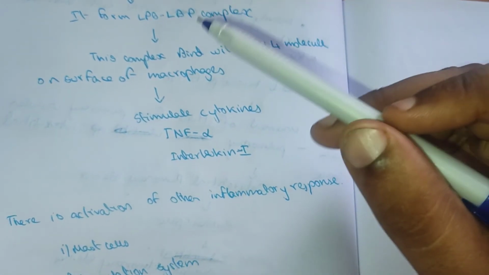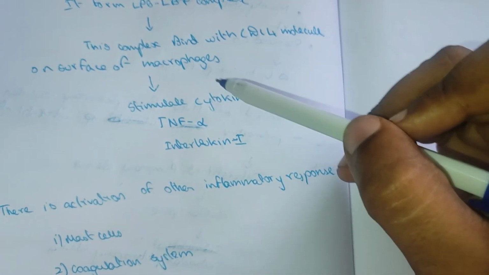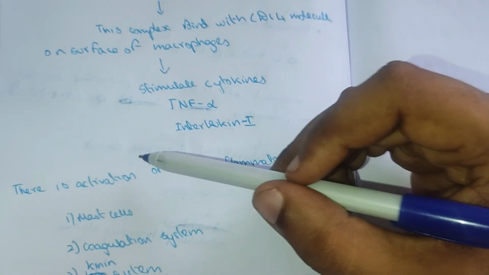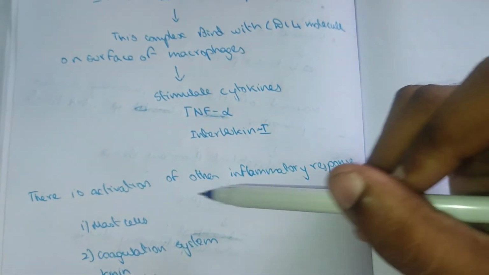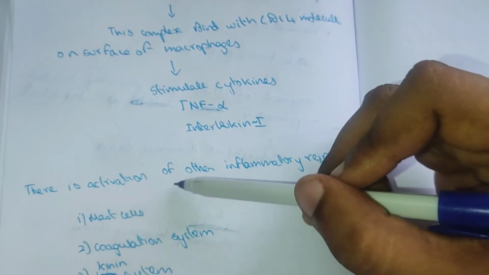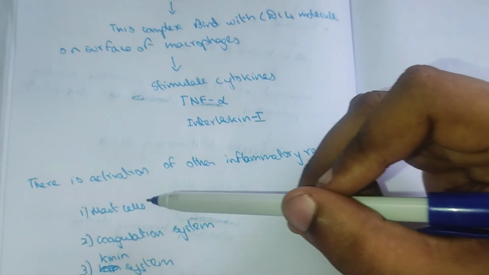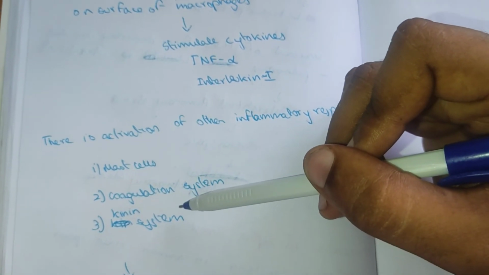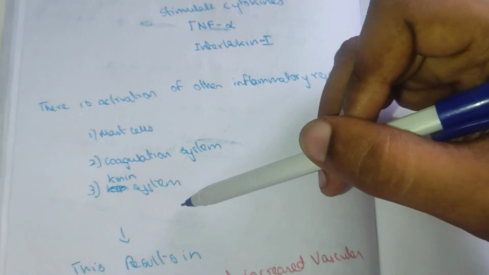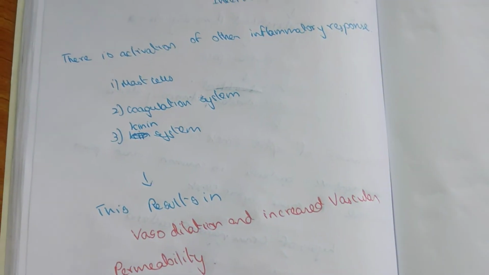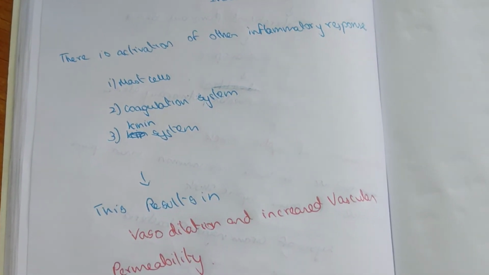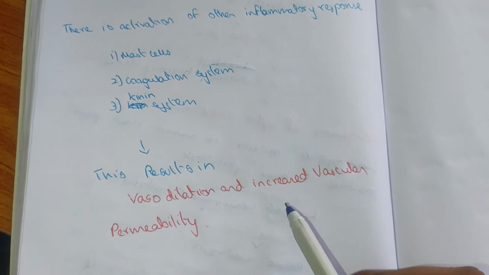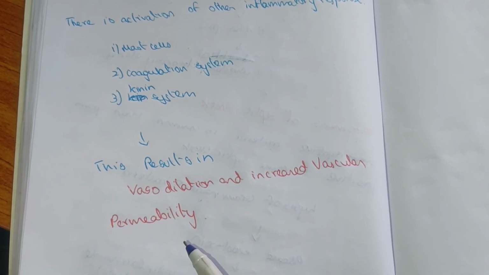As we saw in the common pathogenesis chart, this activates other inflammatory responses: mast cells, the coagulation system and the kinin system. The total pathogenesis of septic shock results in vasodilation and increase in vascular permeability.